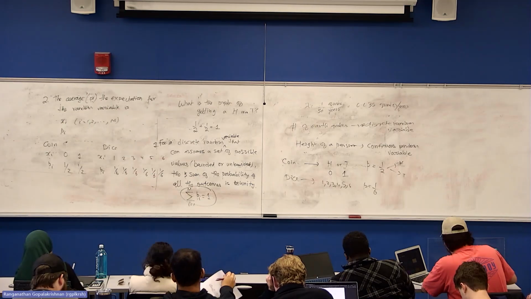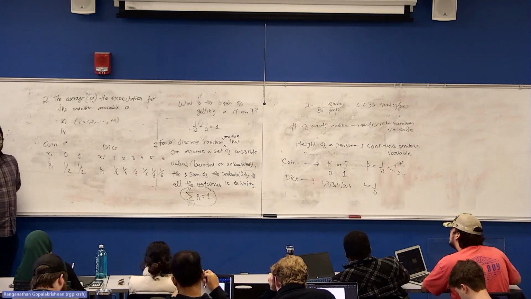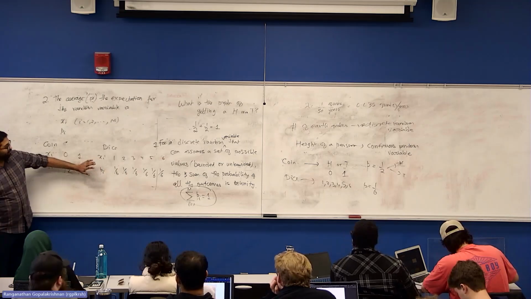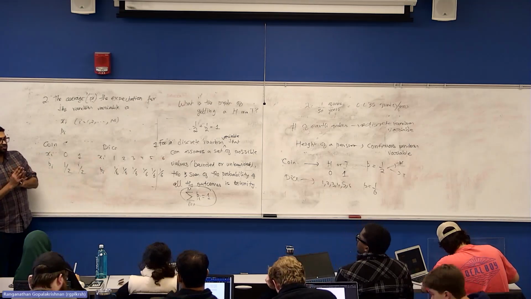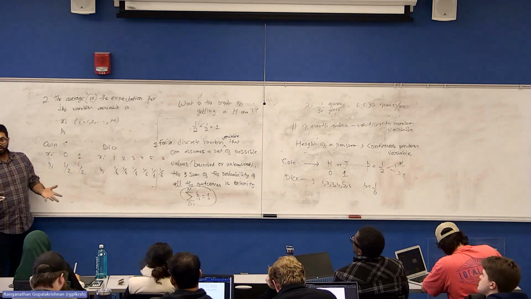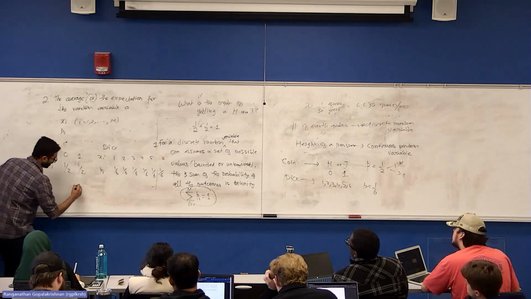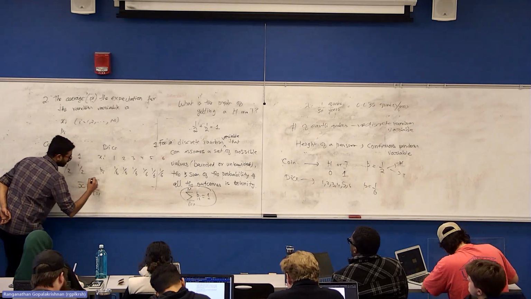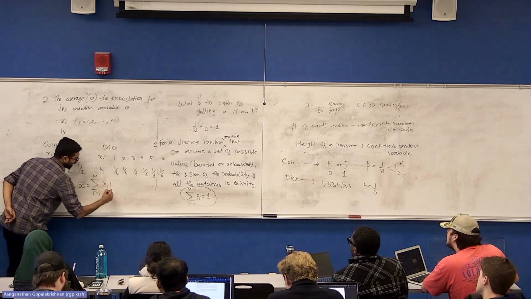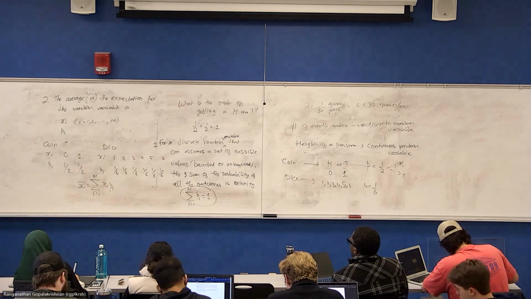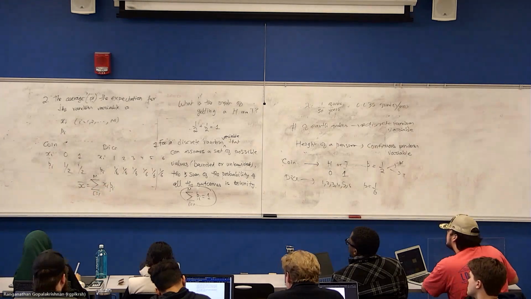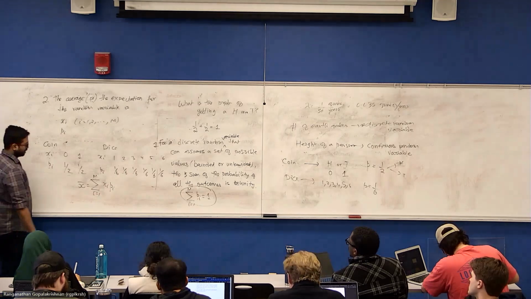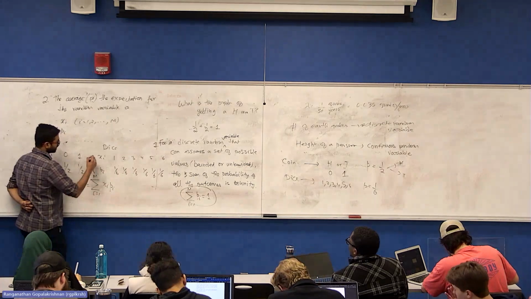Okay. So what is the average value when you throw a dice? That's the question. So the average value would be x bar equals the summation from i equals 1 to m of x_i p_i. For the dice, what is m?